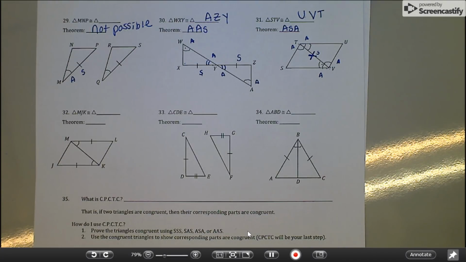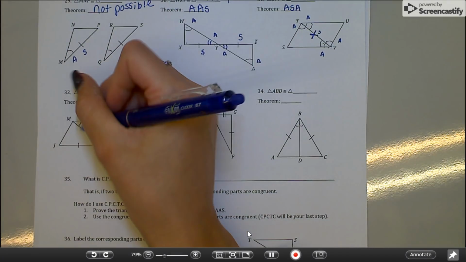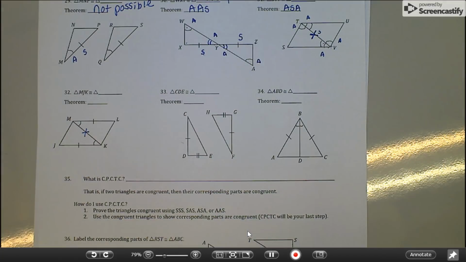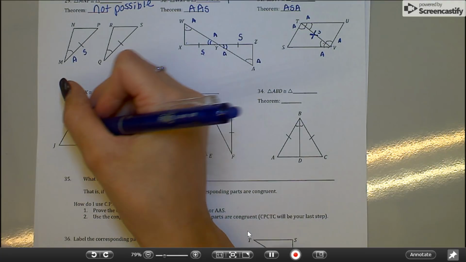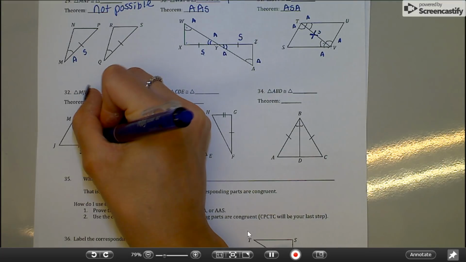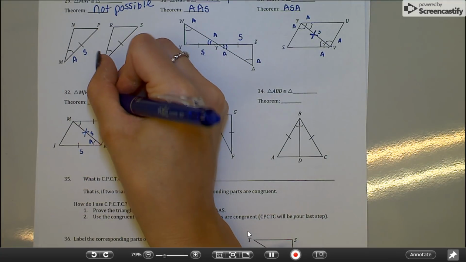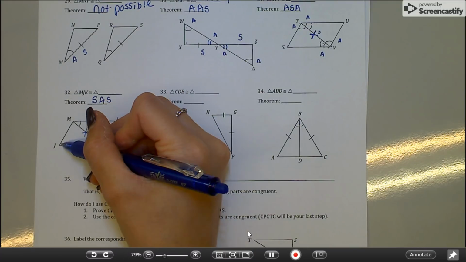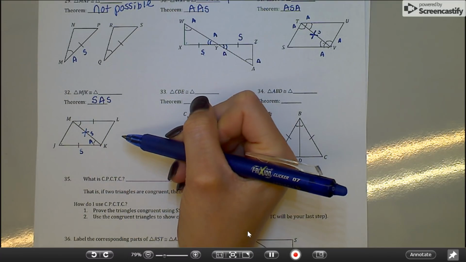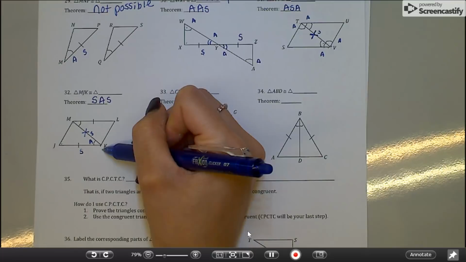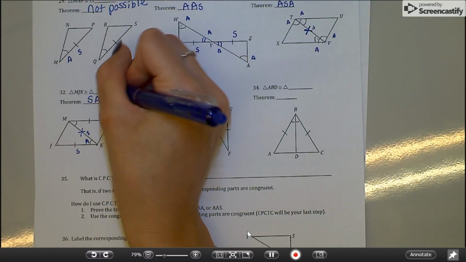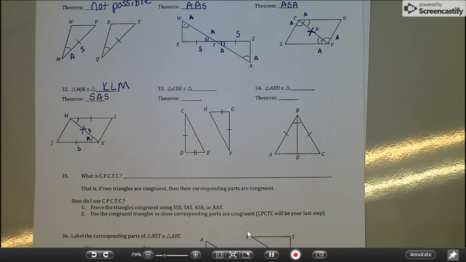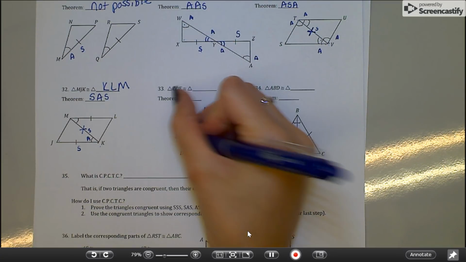Number 32, another shared side problem. Notice how we have a side, then an angle, then a side. So by SAS, we can prove these two triangles congruent. MJK would be congruent then to KLM. Number 33, we have a side and another side.